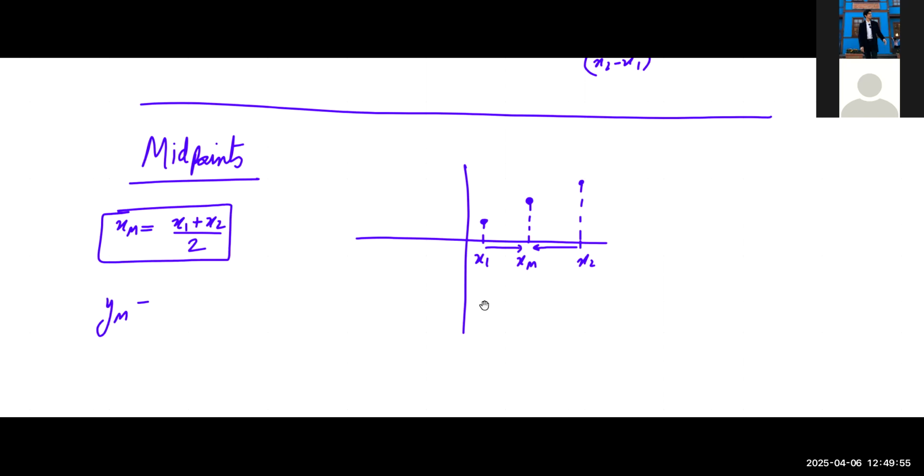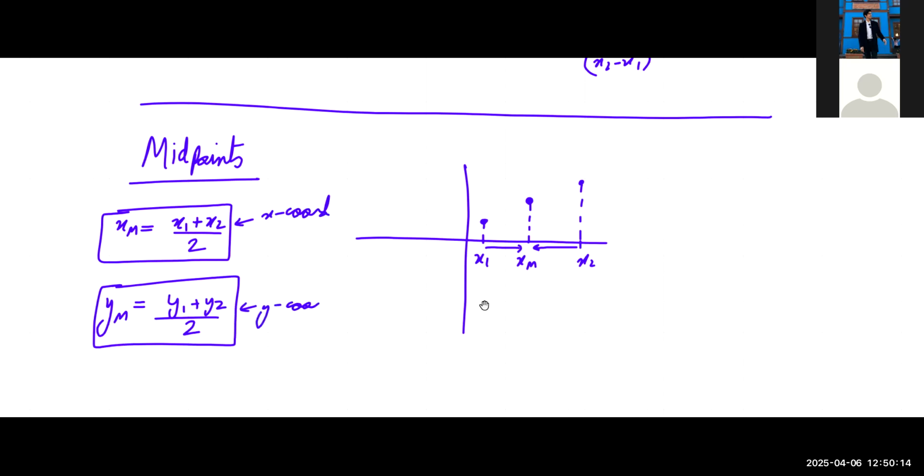Y1 plus y2 over 2. Exactly. Just add the y values, divide that by 2. This way you can find the x coordinate and the y coordinate of the midpoint. And that's it. That's how you find the midpoint.